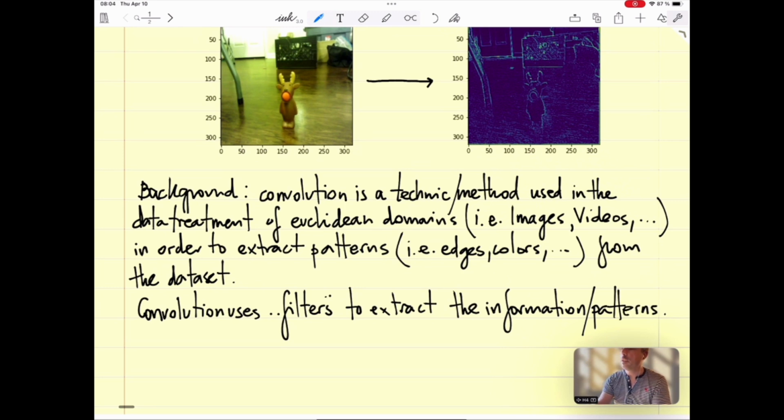These filters are called kernels. Okay, kernels.